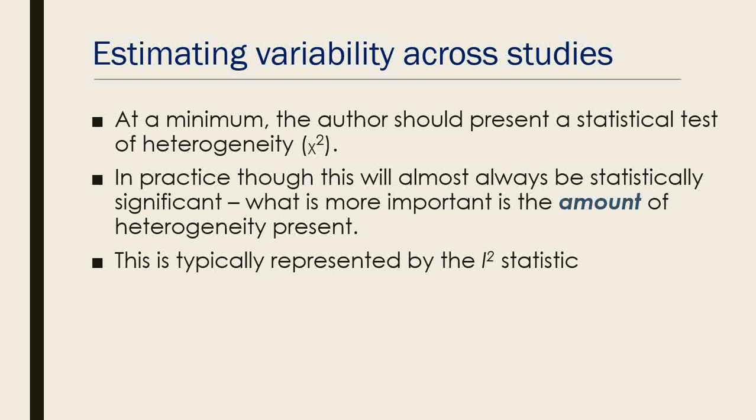Now, I promised there wouldn't be a lot of math, so do feel free to skip over this, but for the interested reader, here's the formula. So I squared is equal to Q minus degrees of freedom divided by Q multiplied by 100%.